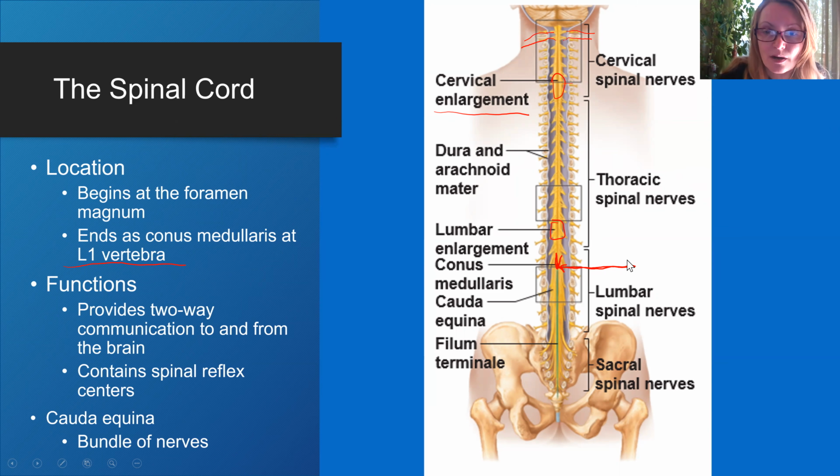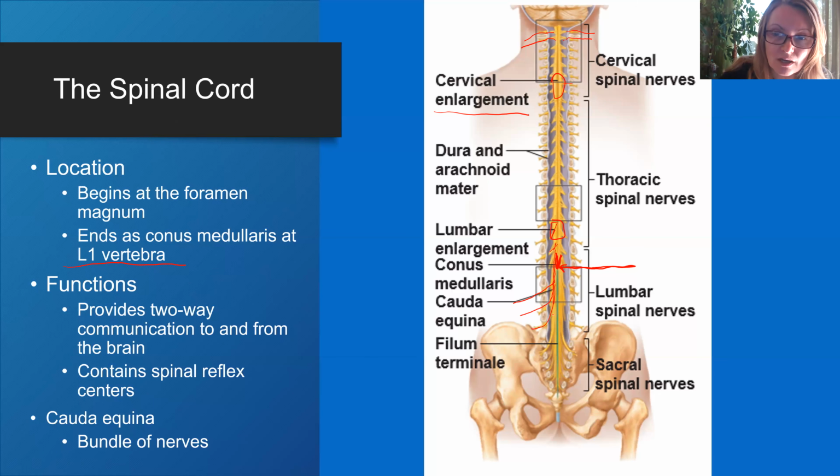And those lumbar and sacral nerves, because here's the end of the spinal cord, all these nerves that originate here actually go down first and then exit through the intervertebral foramen. So they exit the vertebral cavity.